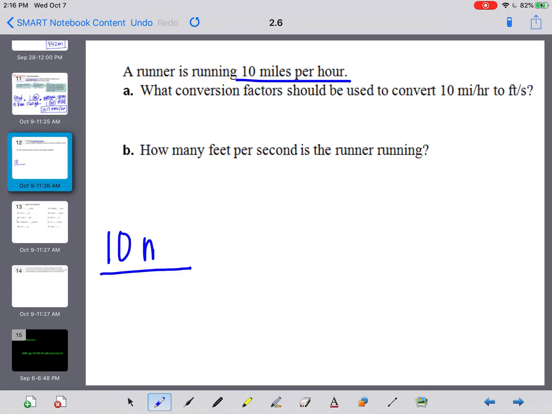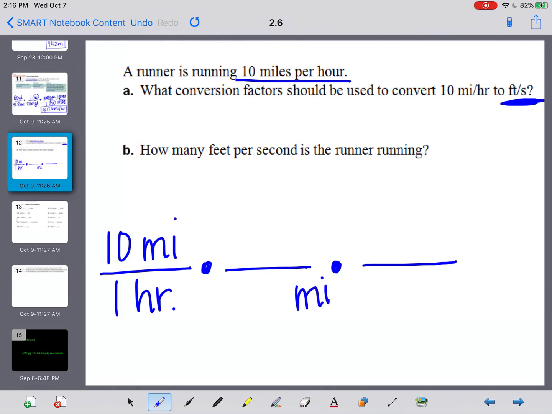Okay, a runner is running 10 miles per hour. There's our first ratio, 10 miles per 1 hour. What conversion factors should be used to convert 10 miles per hour to feet per second? I am changing two things, going from miles to feet, from hours to seconds.